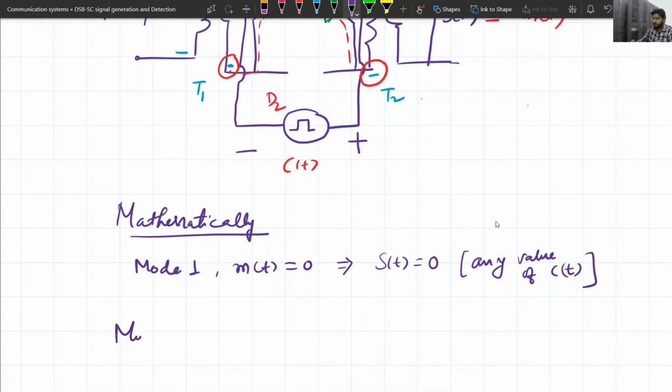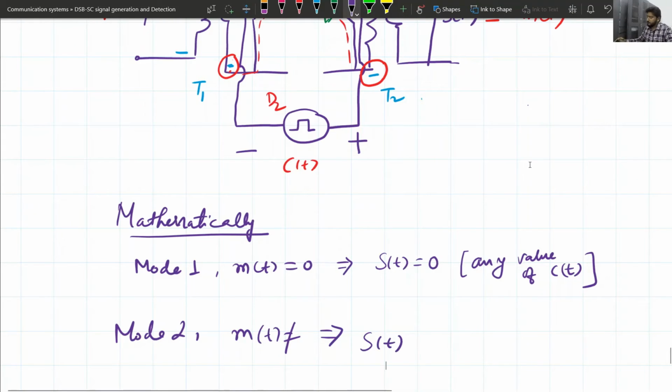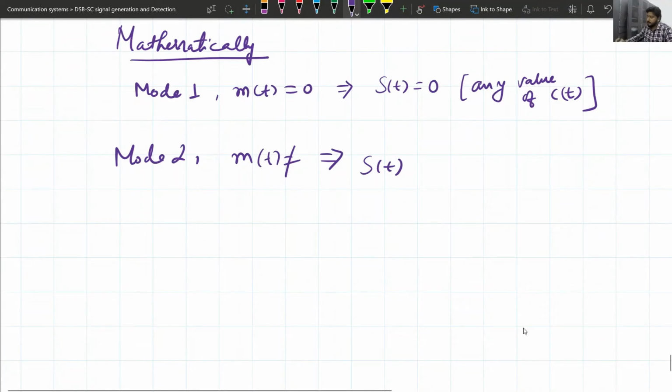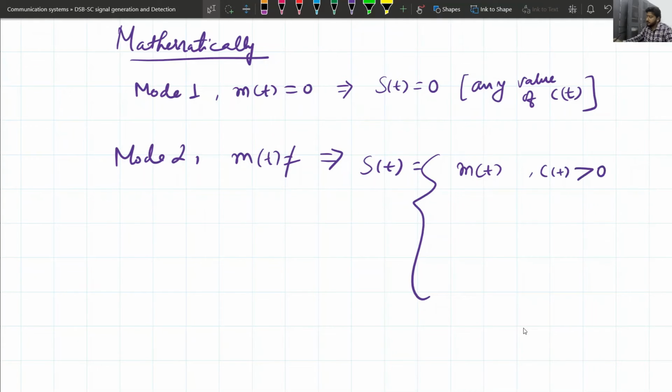In mode 2, when MT is not 0, this implies ST will have a value plus MT when CT is greater than 0, and it will have value minus MT when CT has a value less than 0. Very important.